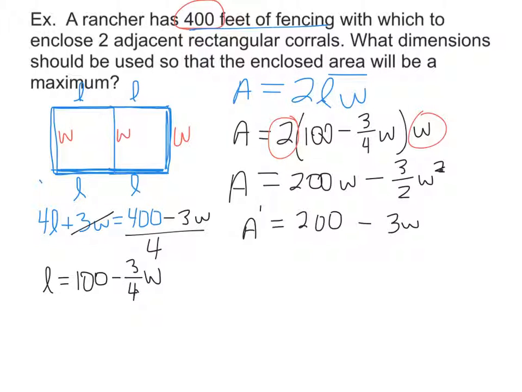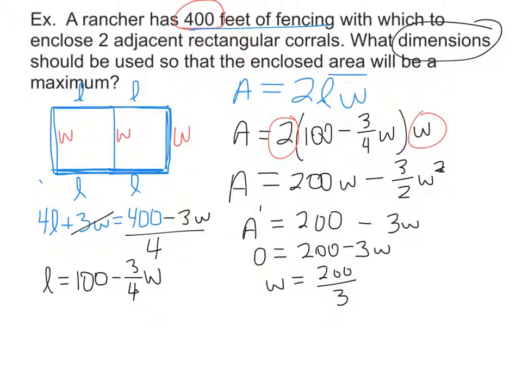So my critical number, set that equal to 0. Okay, solve this. My W is going to be 200 over 3. There's my width. It's looking for dimensions, and this would be feet. And we'd change that to a decimal.